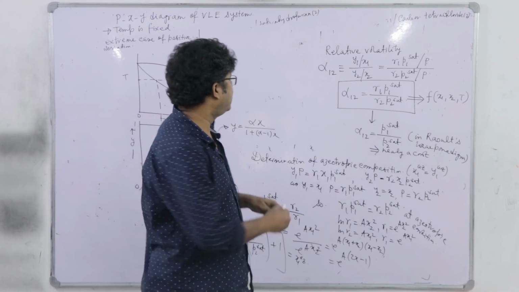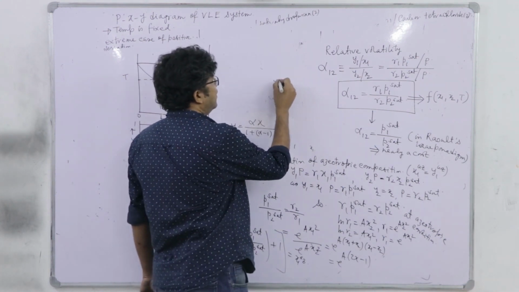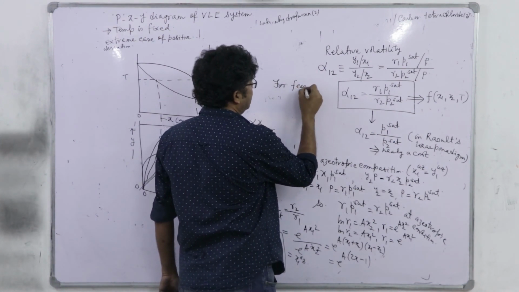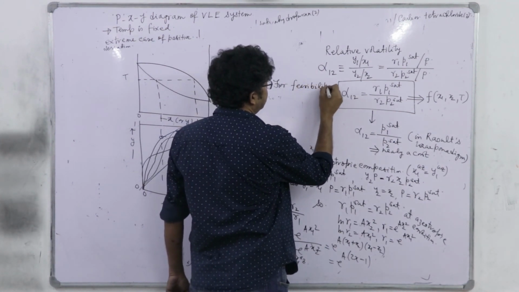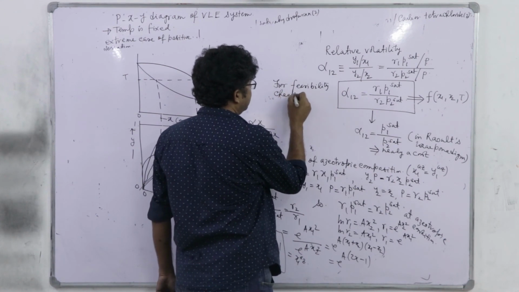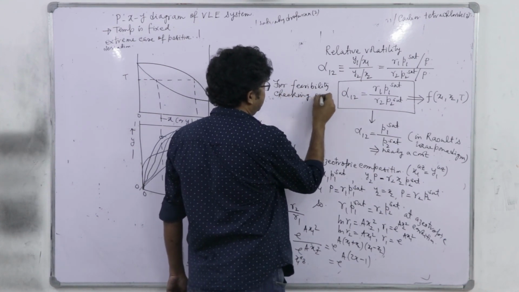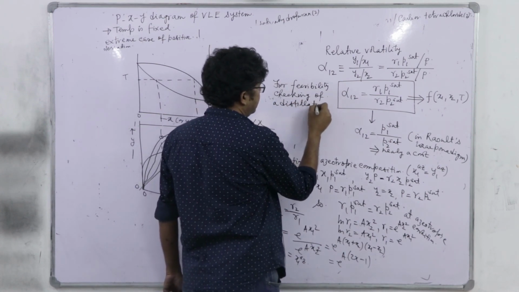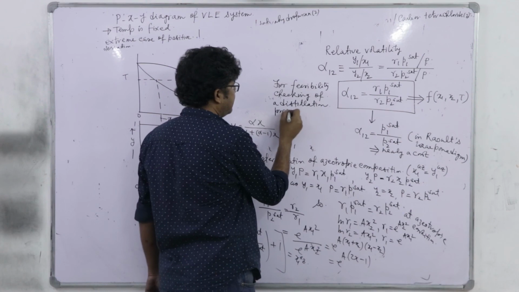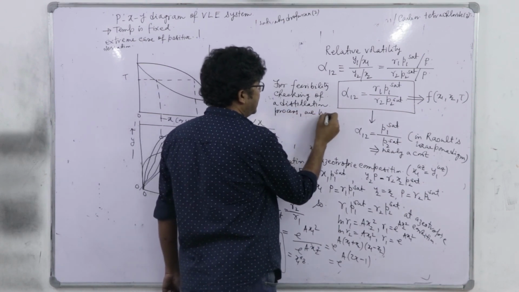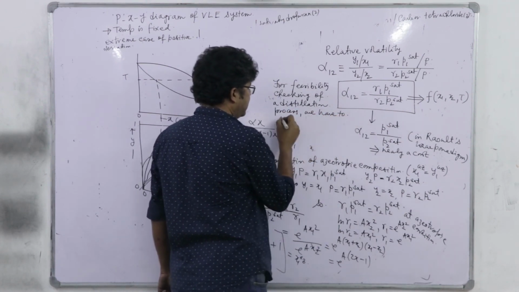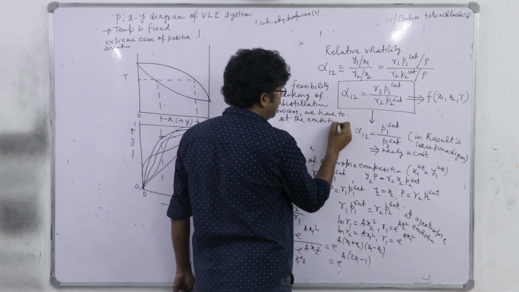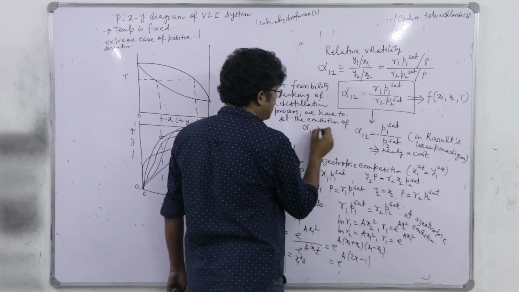This relative volatility, and for feasibility checking of a distillation process, we have to set the condition of alpha 12 much greater than 1.